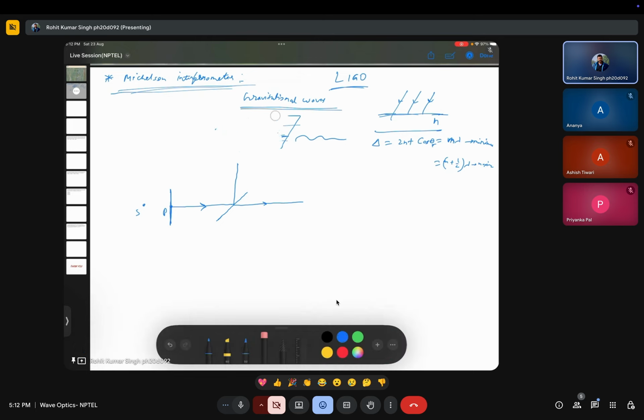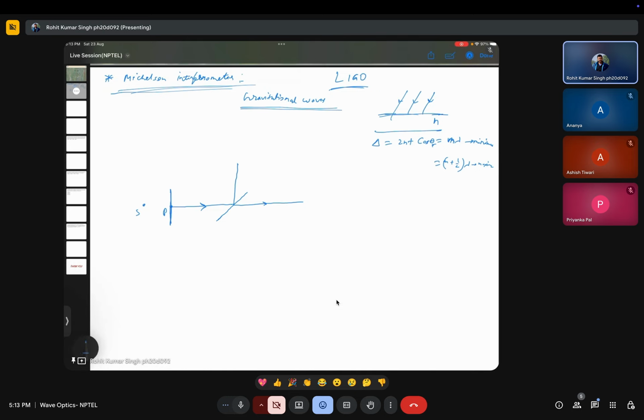You have a mirror here, let's call it M1, and you have another mirror here, let's call it M2.